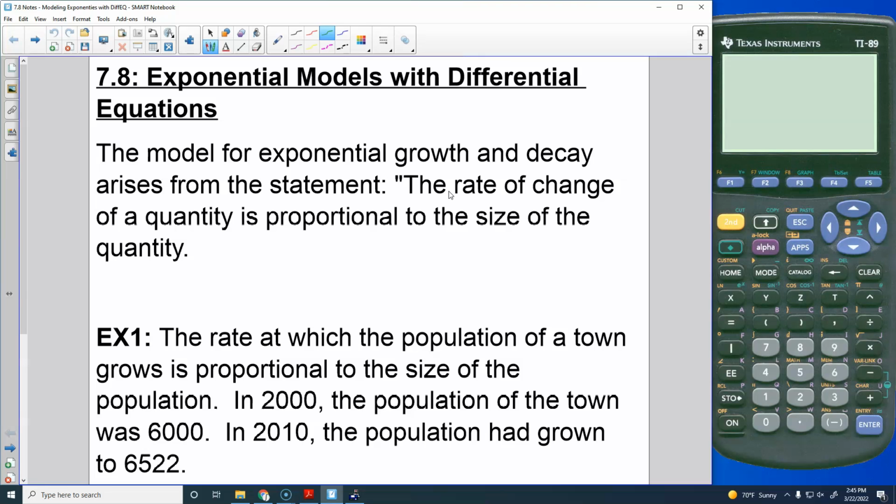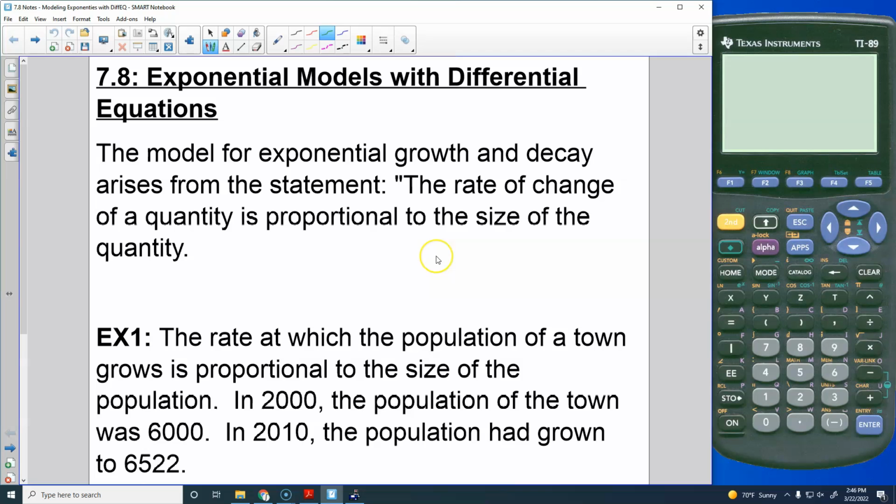So it could be something like the rate of change of population is proportional to the size of the population, right? Or the rate of change of the number of bacteria, is the one we had before, is proportional to the amount of bacteria that you have.